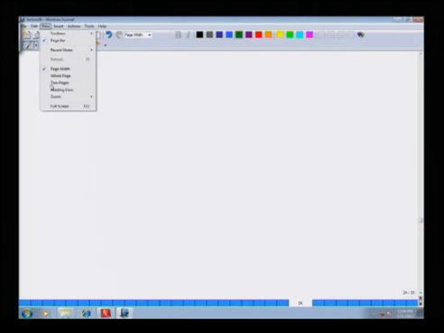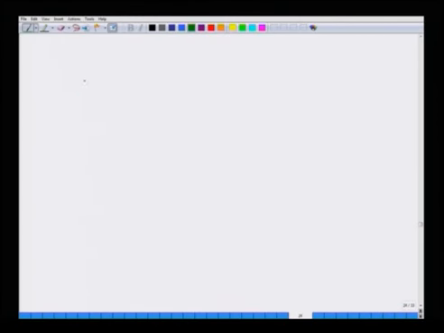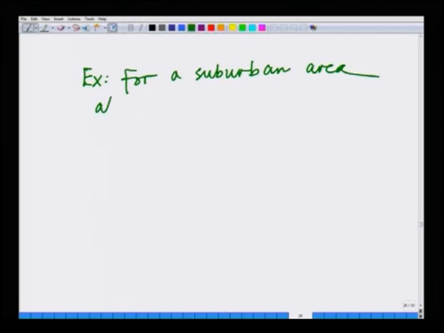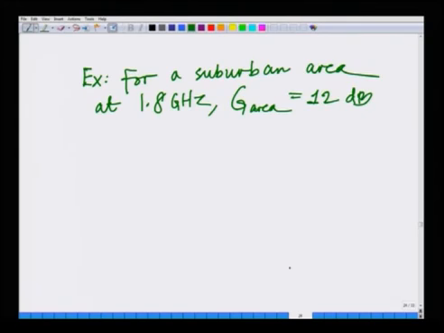So, what we can say is, for example, for a suburban area at 1.8 gigahertz, the G area factor is 12 dB, that is there is a gain of 12 dB, which means 12 dB subtracts from the path loss for this suburban factor at 1.8 gigahertz.